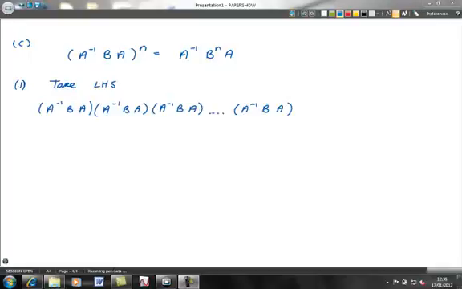And then what you need to do is just highlight these areas here. And what you can see is that beside each other you've got A multiplied by A inverse. And whenever you multiply a matrix by its inverse, you get the identity matrix.